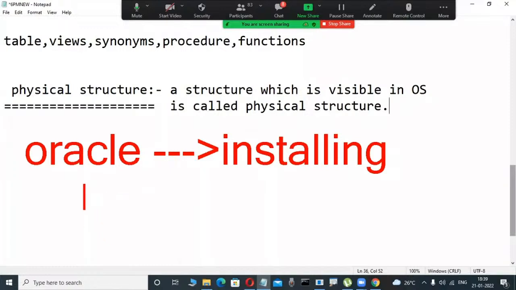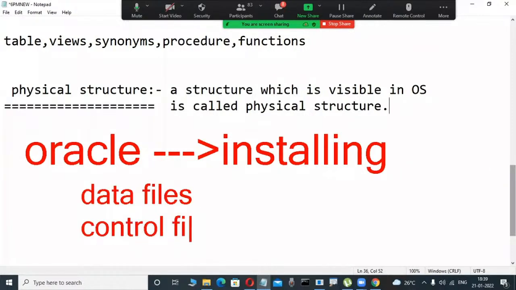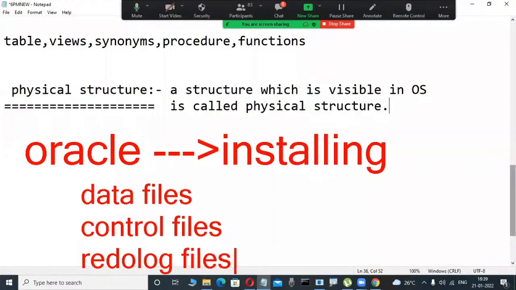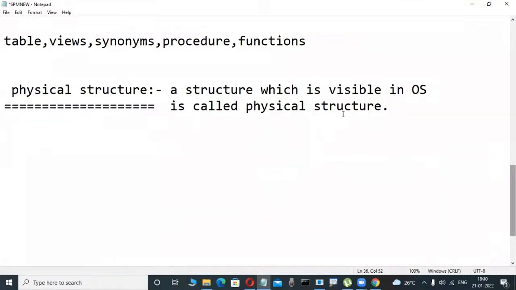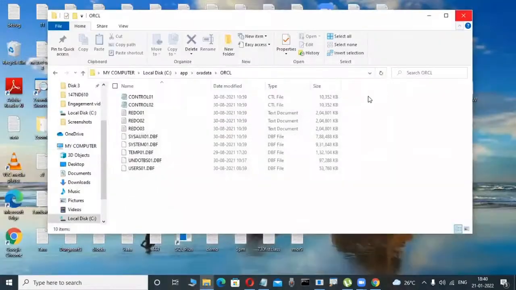Some physical files are created. These are called data files, .dbf files, control files, and also redo log files. You don't have an idea about these yet. In future, in the DBA concept, I'm just giving a rough introduction in our course. Whenever I install Oracle software, some files are automatically created on the disk, in the C drive or D drive.